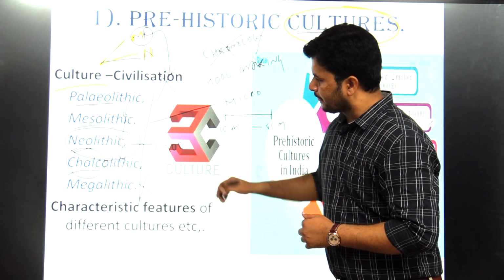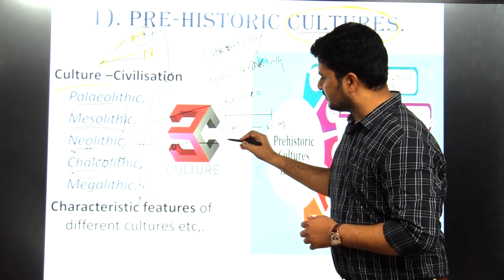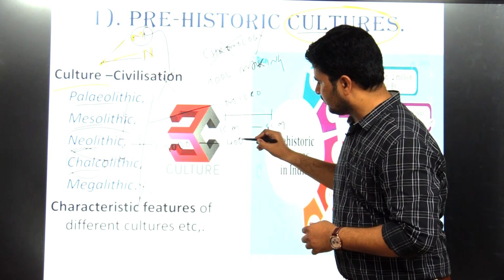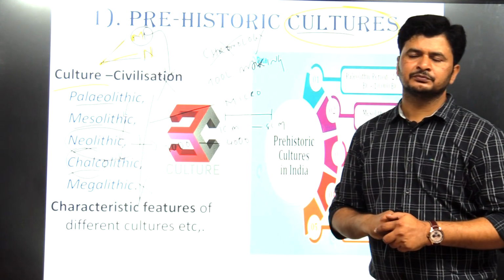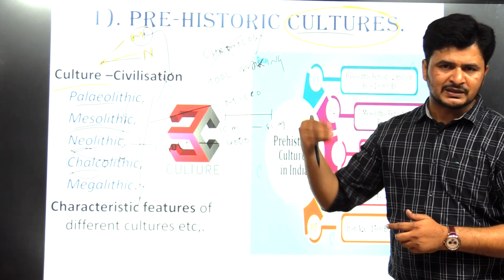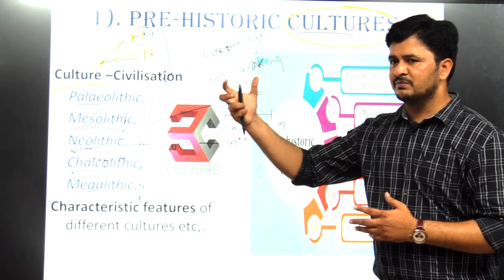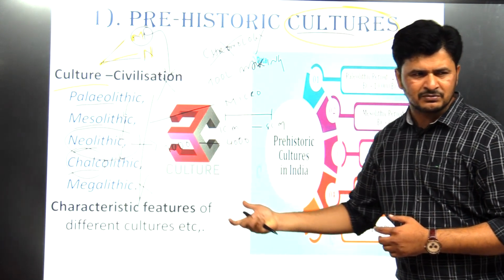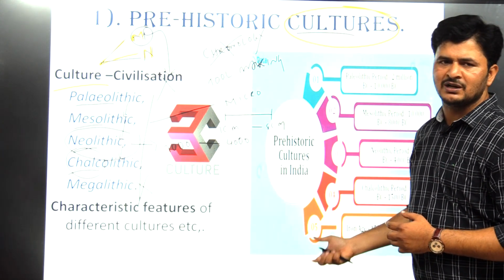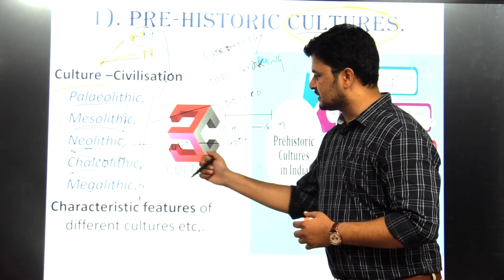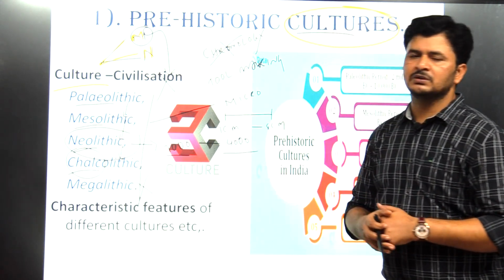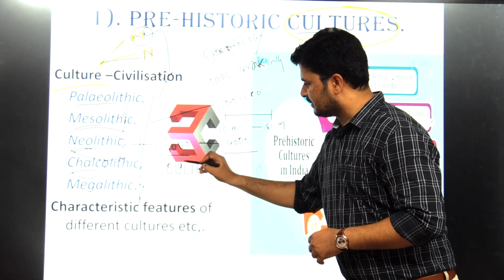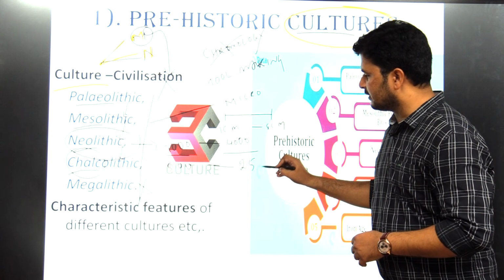Neolithic cultures, 7,000 BC to 4,000 BC. Chalcolithic from 5,000 BC to 2,500 BC.